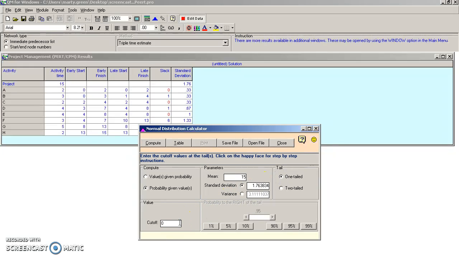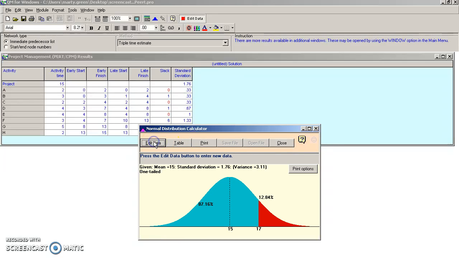And we want to know the probability that we can complete this in 17 weeks. So our cutoff is going to be 17. We click compute, and we know that there's an 87% chance that we can get this done in 17 weeks or less, and of course a 12.84% chance that we can do it in 17 weeks or more.